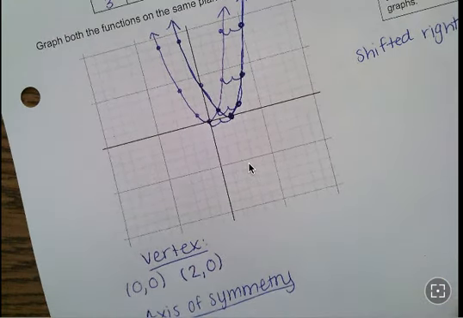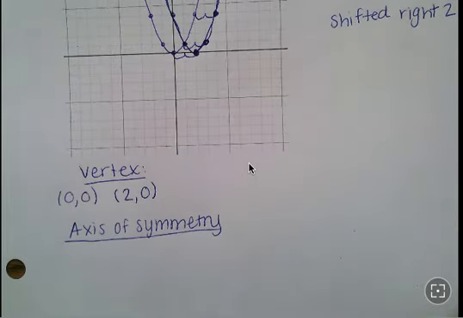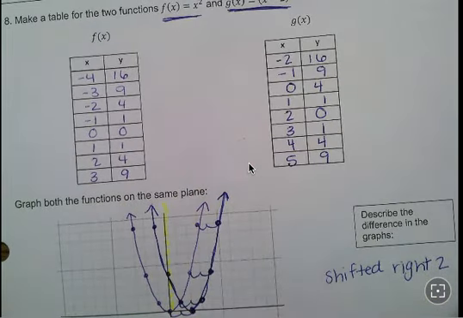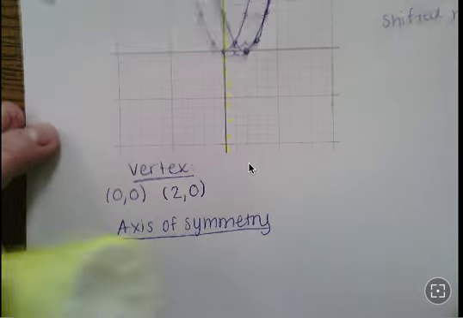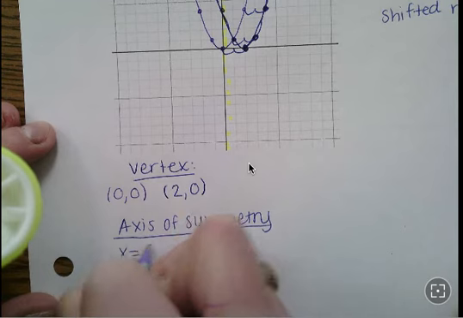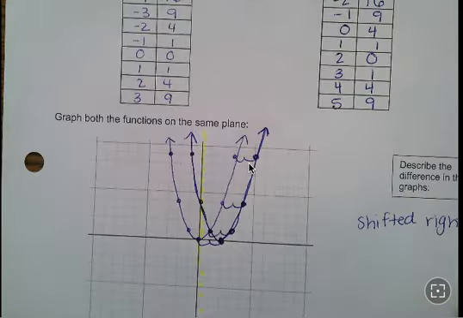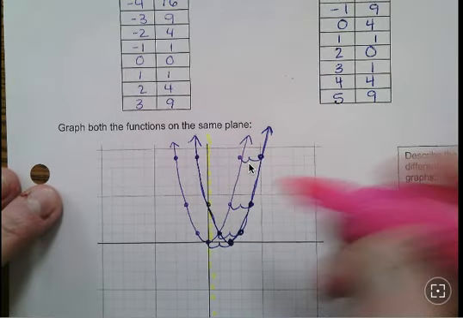Okay? So for the axis of symmetry here, I'm going to do the first one in yellow. So for the purple graph, this is the axis of symmetry, and we've talked about that several times, okay? So that axis of symmetry is at x is equal to 0, all right? And I'm going to do in pink the axis of symmetry for our blue graph.